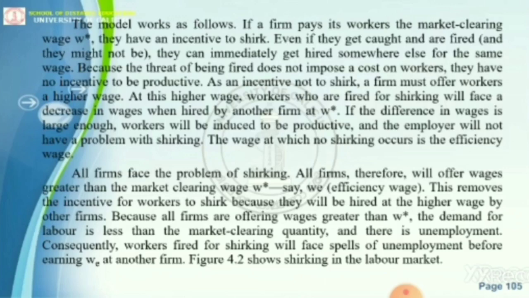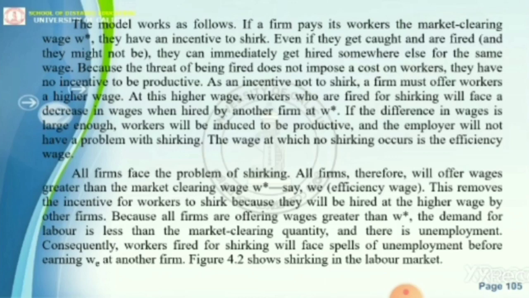Because all firms are offering wages greater than W star, the demand for labor is less than the market clearing quantity and there is unemployment. Consequently, workers fired for shirking will face spells of unemployment before earning WE at another firm.